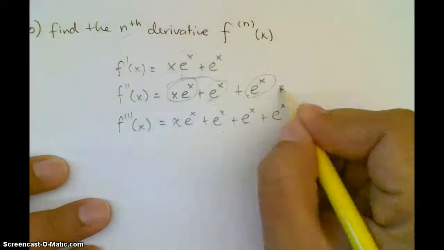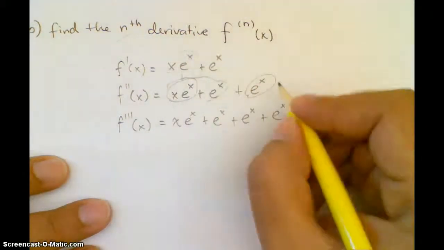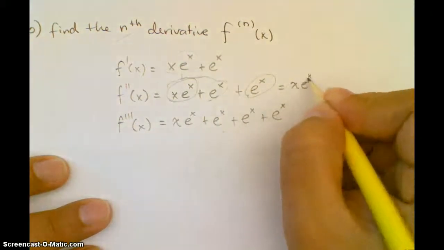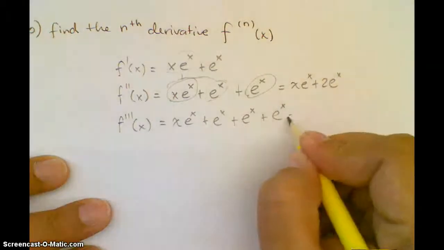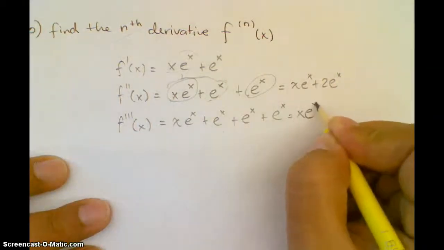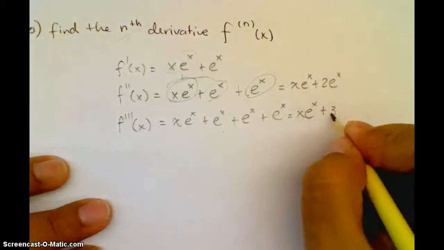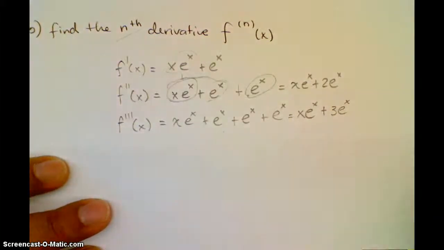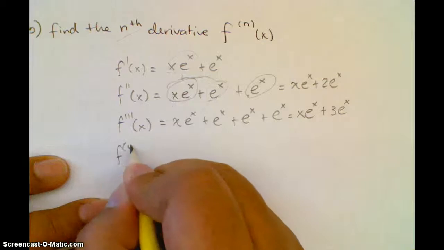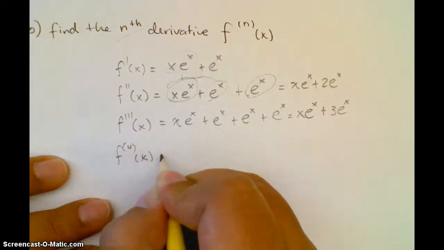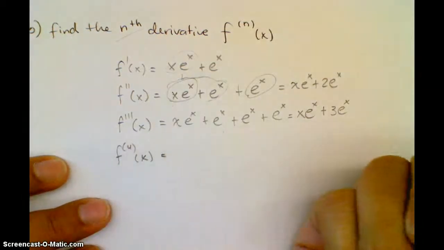So, let me just summarize what I see. x e to the x plus 2e to the x. And this one will be x e to the x plus 3e to the x. So now let's take the derivative here. I'm taking the fourth derivative. This is how I write it, with a 4 between parentheses.